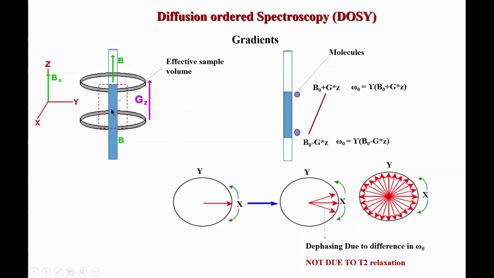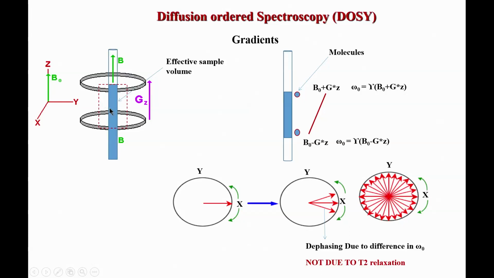So, now look at this picture here. Let us say this blue color, what you see in the blue is our sample kept in the sample tube. So, the sample tube is this rectangular portion shown here, okay, this full rectangle, out of which let us say we have filled the sample like this. Now, the effective sample volume, meaning the RF coil is somewhere between these two coils.